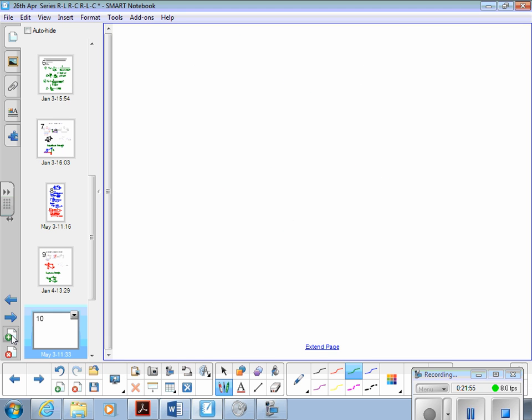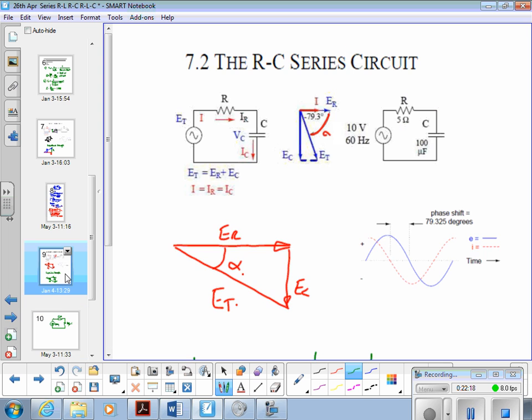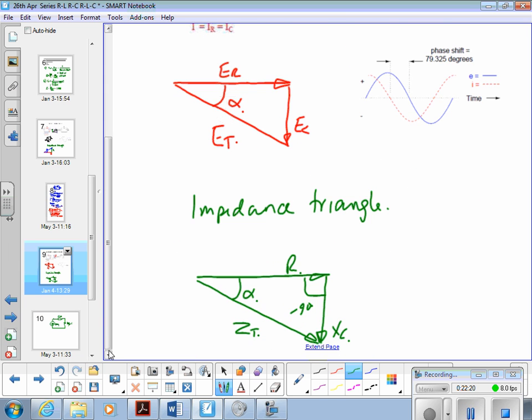So we've got 5 ohms, 100 microfarads, 10 volts, 60 hertz. This XC is equal to 1 over 2 pi fC.